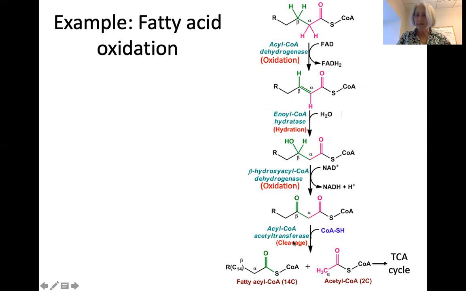In the last step, coenzyme A is activated to cleave off an acetyl-CoA, we see that here, and the fatty acid attached to coenzyme A that's 2 carbons shorter. So next, these 2 carbons of acetyl-CoA will be fully oxidized to produce CO2 and water, and actually CO2, I should say, in the TCA cycle. So let's review that next.